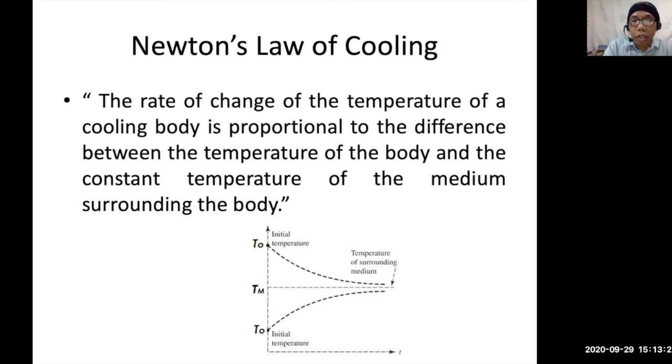And then you will put that roast in an oven na merong constant temperature. For example, since you are to bake that, gawin natin 300 degrees Celsius yung temperature ng oven. So if you put that roast into an oven with a constant temperature na 300 degrees Celsius, we're expecting that the temperature of the roast after a certain time will actually increase, right?